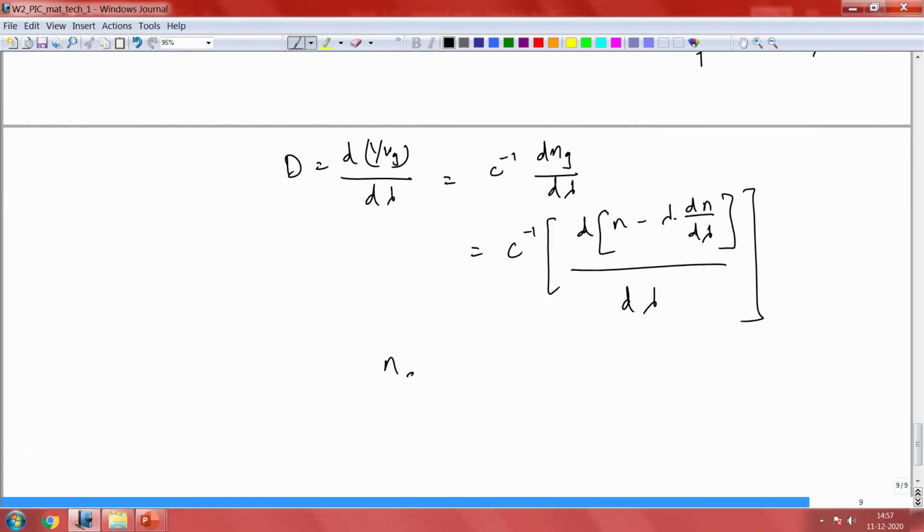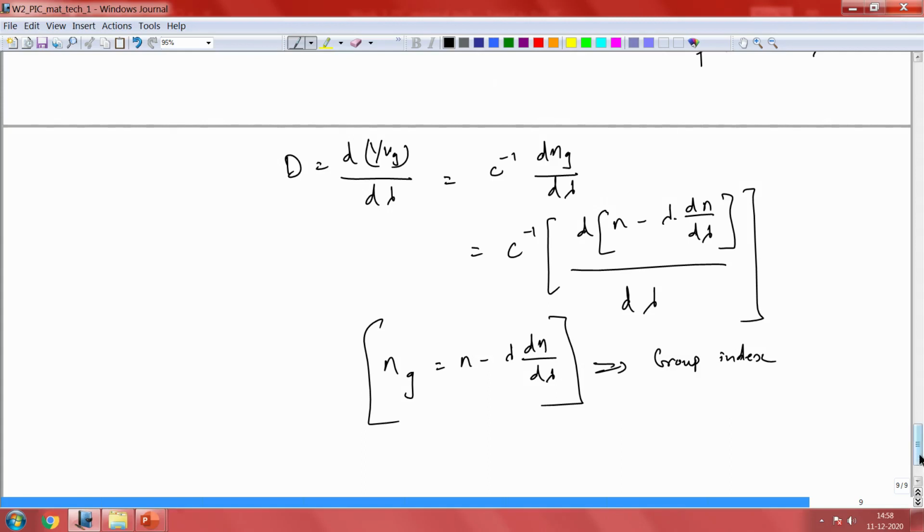So, this is what we call the group index, right.